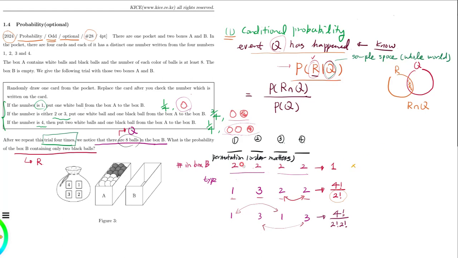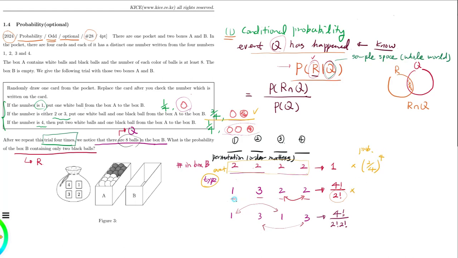And then the probability that this type of event happens: for 2, 2, 2, 2, the second trial happens 4 times here.